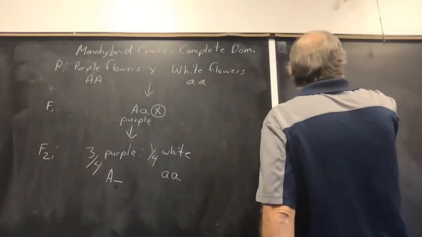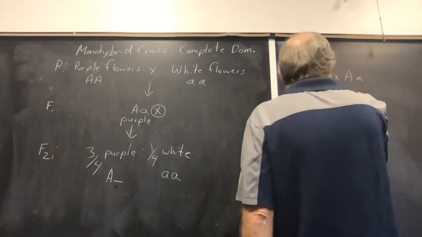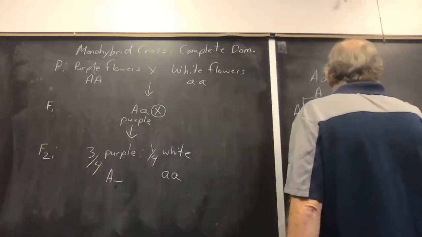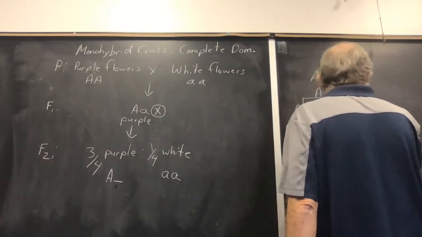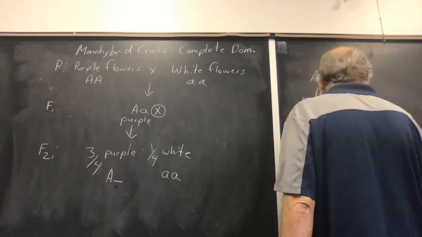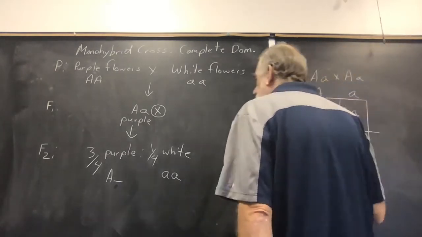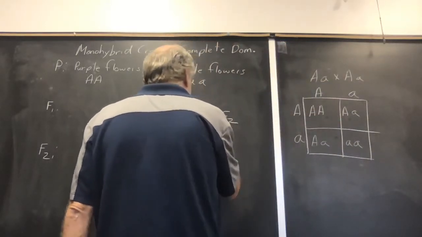So here we're crossing 2 heterozygotes, F1s in other words. See here that 3/4 of the offspring will exhibit the dominant trait and 1/4 the recessive trait, and so that's where we get the 3:1 F2 phenotypic ratio.